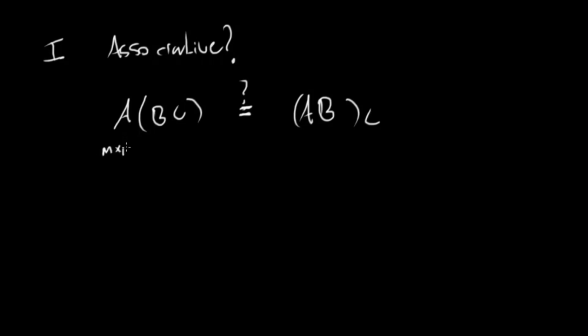So A will be m times n, B will be n times p, and C will be p times r. All right, so multiplication works here. Over here, we're going to have m by n, n by p, and p by r.